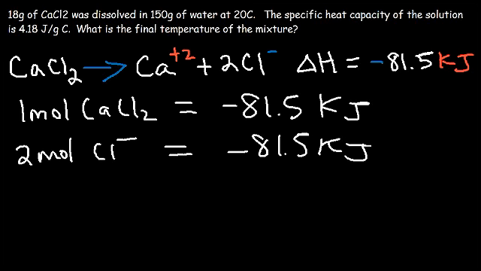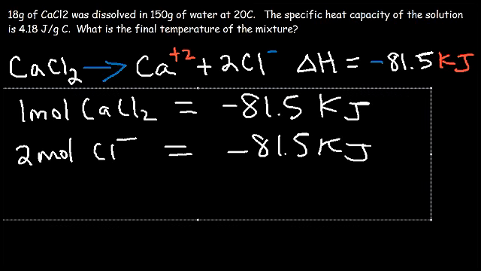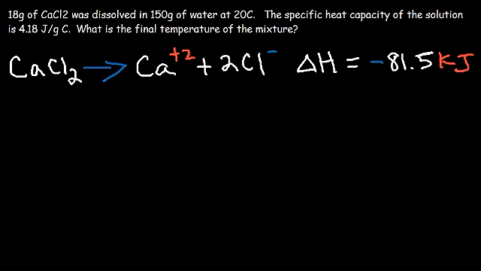So what you have is a kilojoule per mole ratio. And that's what you need to understand when you have a thermochemical equation. So we know that 1 mole of calcium chloride will generate 81.5 kilojoules of heat energy. So knowing that, we can calculate the Q of the reaction using conversions.